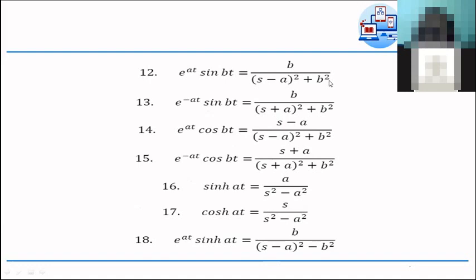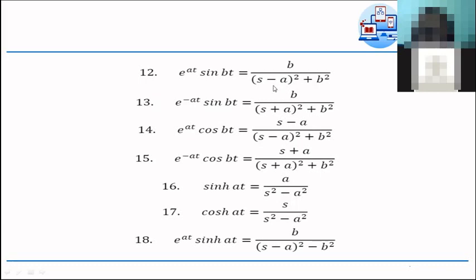Next, another formula, a combination of exponential and trigonometric functions. e raised to negative a multiplied by t sine b multiplied by t is equal to b all over the quantity s plus a raised to 2 plus b squared.